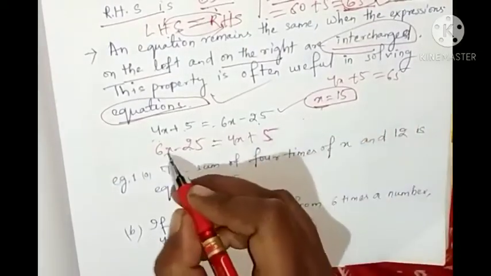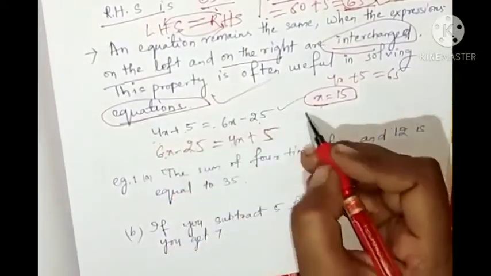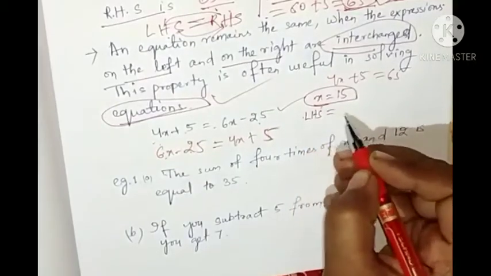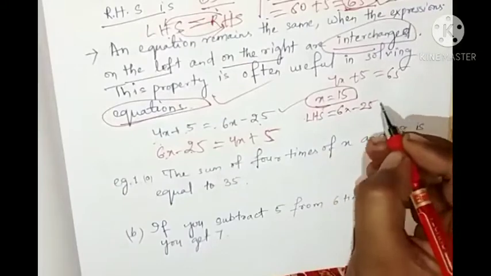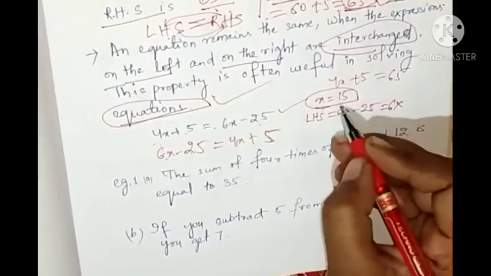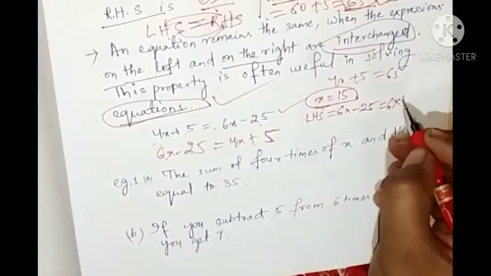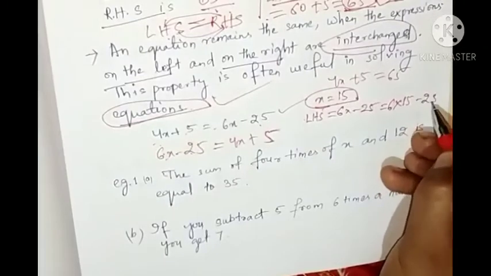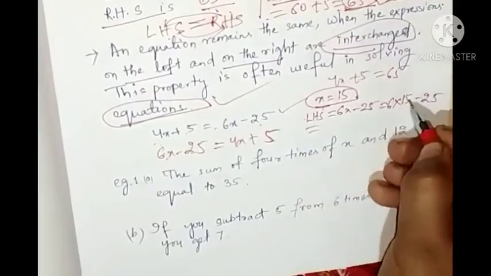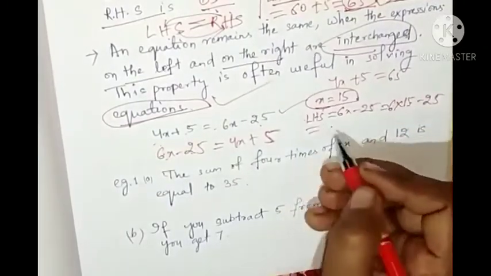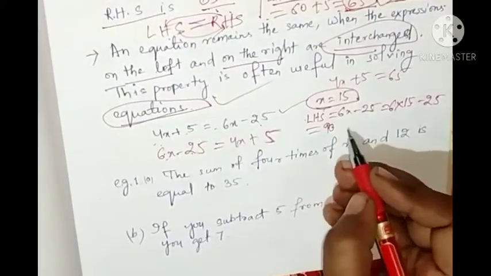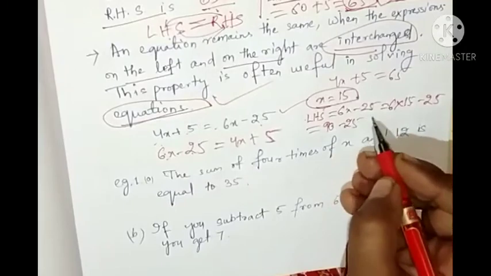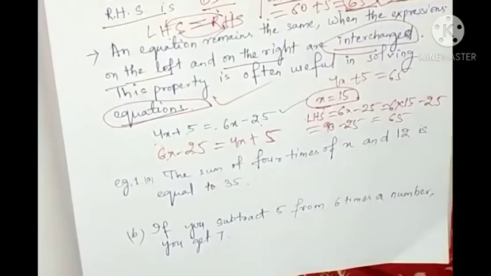So here we have changed the LHS. LHS equal to 6x minus 25 equal to 6 into 15 minus 25. 6 into 15 equal to how much? It is 90. 90 minus 25 is how much? 65.